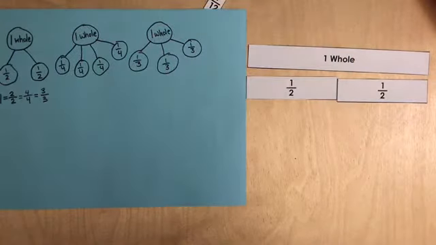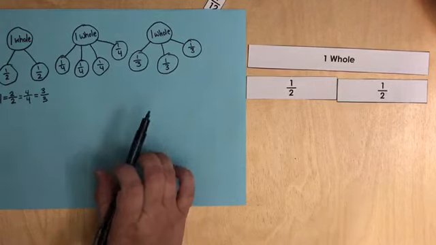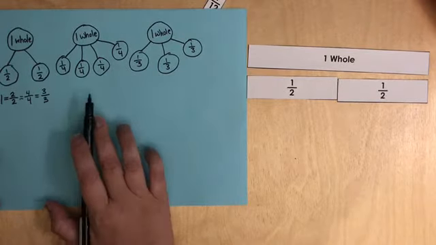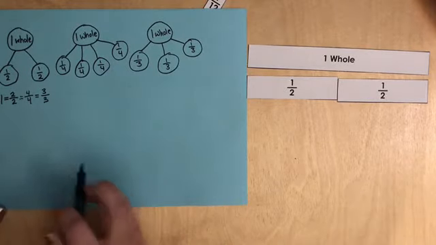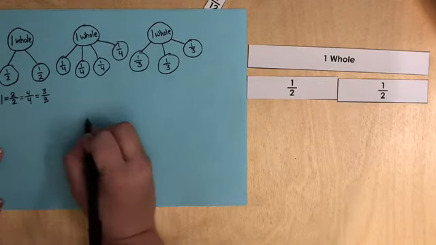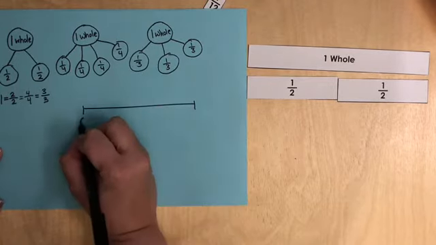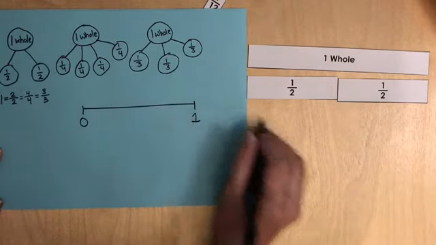Let's get out your halves again, and this time we're going to represent our number bonds with number lines. So I'll do the first one, and then you guys are going to do the next two on your own. So for our number line with halves, I'm going to make a whole from 0 to 1. So go ahead and do that on your paper too.